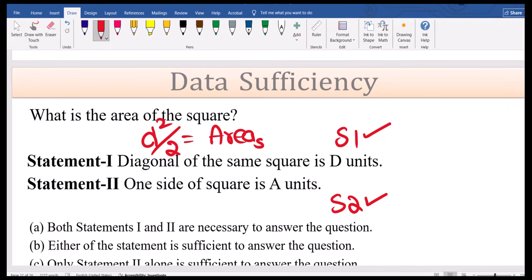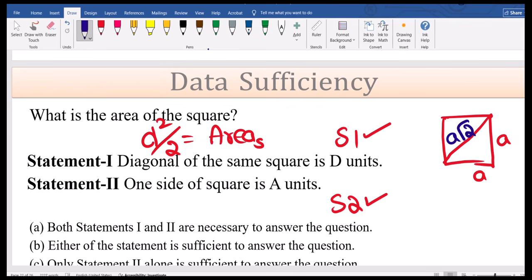There is another way. If suppose the side is a, you can apply Pythagoras theorem. Diagonal will be a root 2. So in the area a square, a should be replaced by d by root 2, and d square by 2 comes.